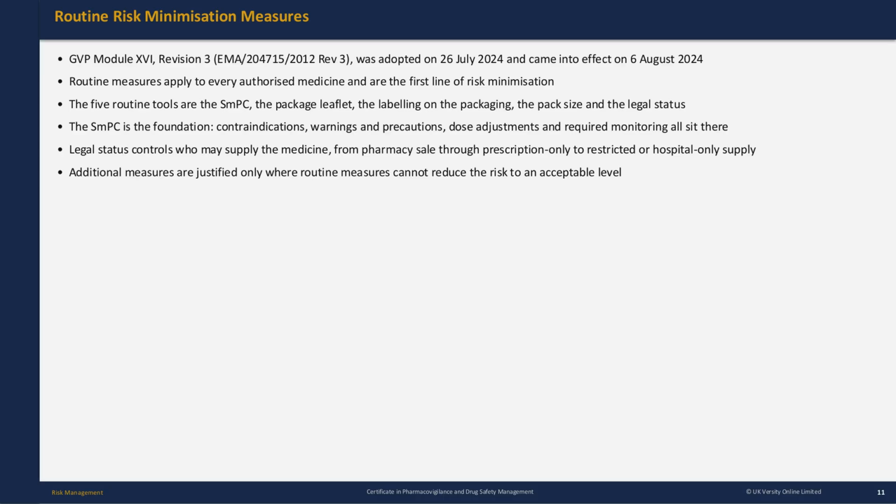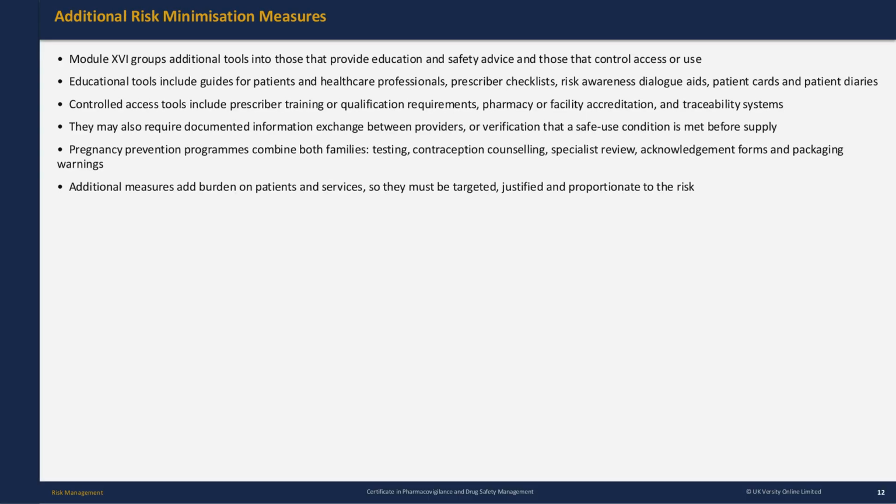Contraindications, warnings and precautions, dose adjustments, and required monitoring all cite there. Additional risk minimization measures. Module 16 groups additional tools into those that provide education and safety advice and those that control access or use. Educational tools include guides for patients and healthcare professionals, prescriber checklists, risk awareness dialogue aids, patient cards, and patient diaries.